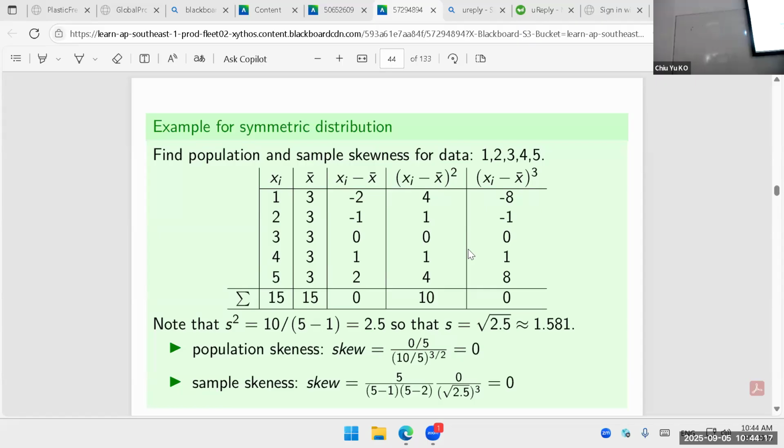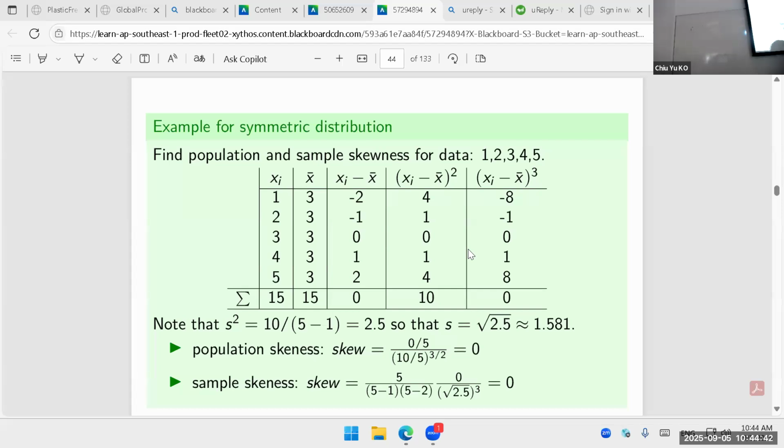What symmetric means is that you look at the left and the right of the mean. Are they the same? Yes. 2 and 4 are the same distance from 3, and 1 and 5 are 2 away. No difference, 0.